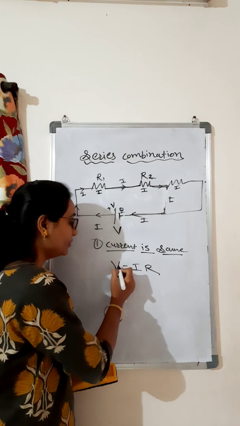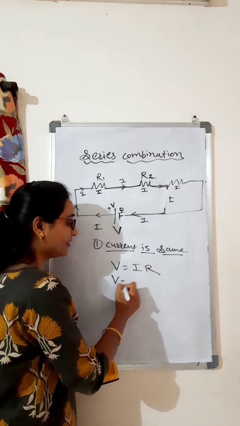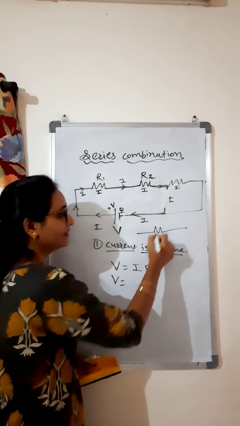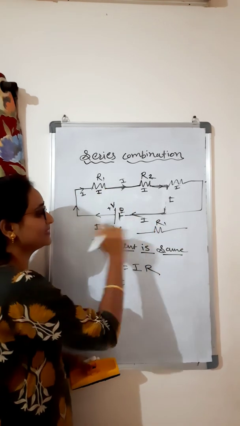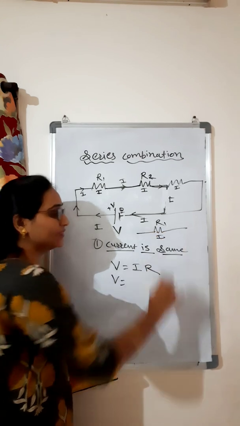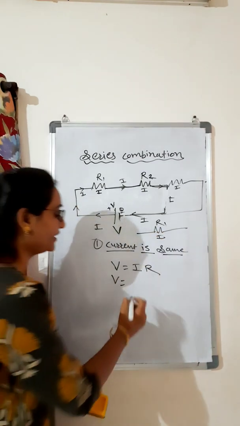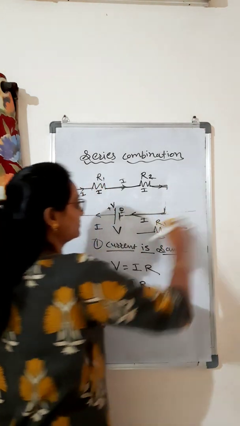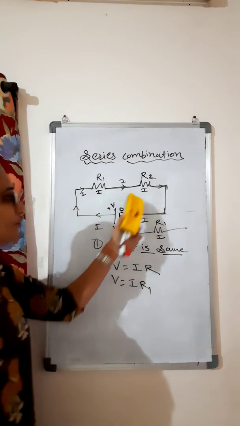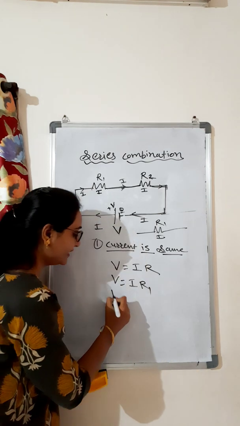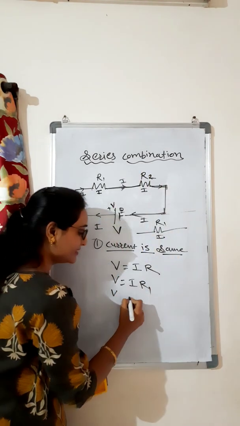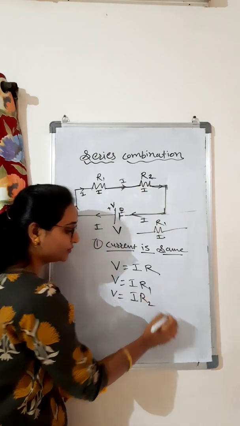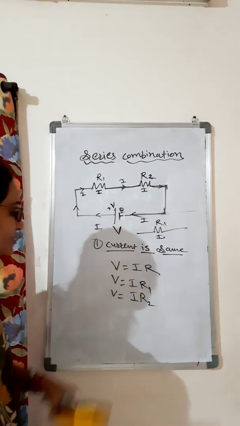In the first resistance, the value of resistance is R1, and the current flowing through it is I. So V is IR1, right? We will go for the first two combination. Now in the second resistance, the current flowing is I, the value of resistance is R2, so the potential difference is IR2, right? According to Ohm's law.